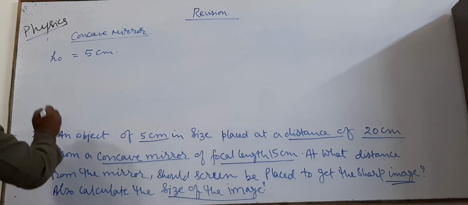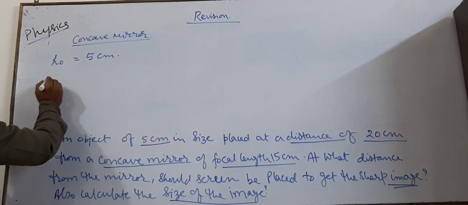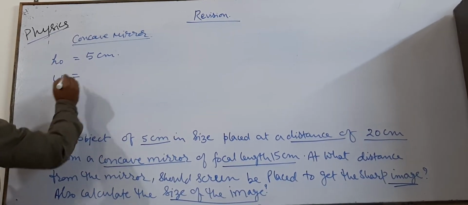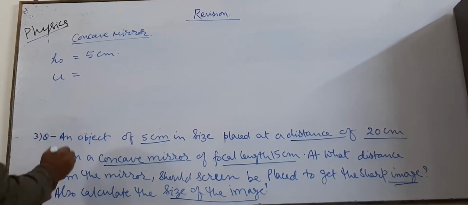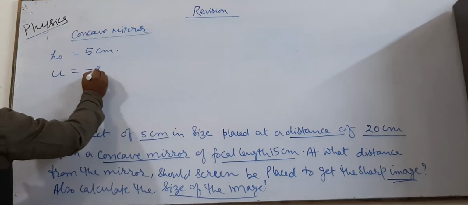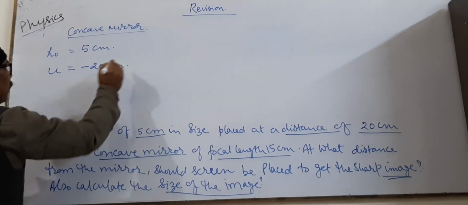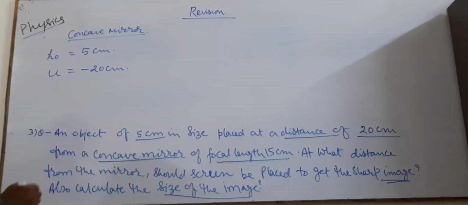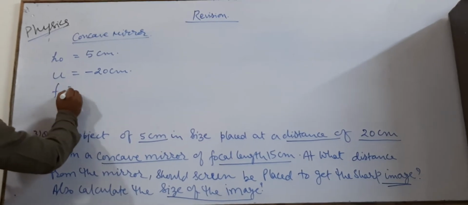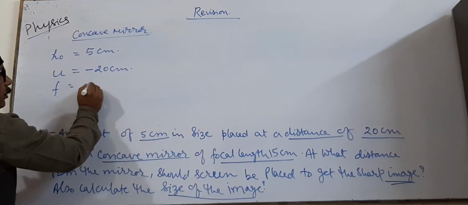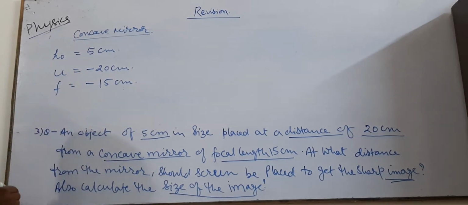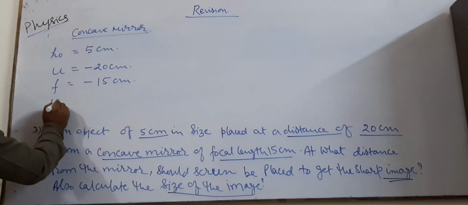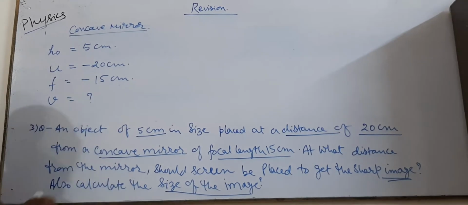Now object distance U, as per sign convention, will be minus 20 centimeter. Focal length F, it is a concave mirror, so the focal length will also be minus 15 centimeter. You have to find out V.